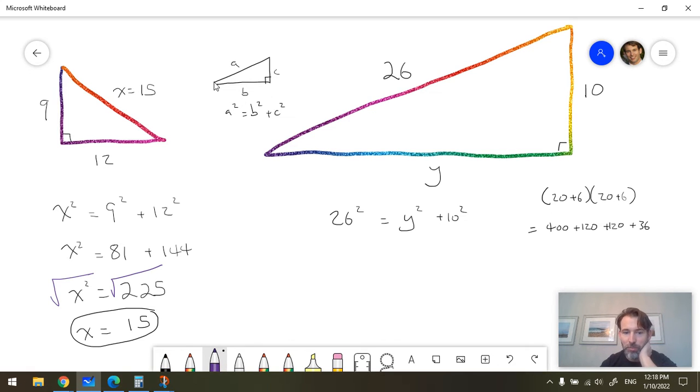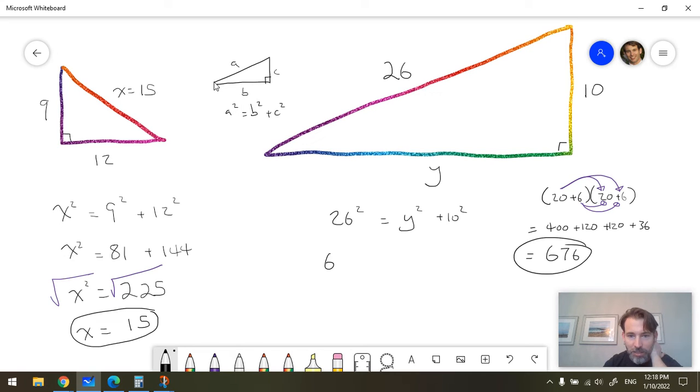So I just used my FOIL rule: 400, 120, 120, 36, and that gives me 676 is 26 squared. That looks reasonable.